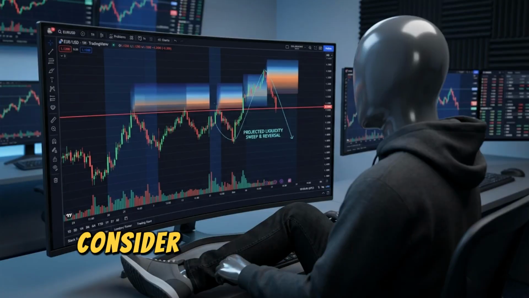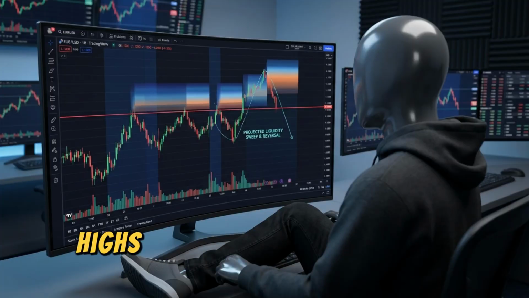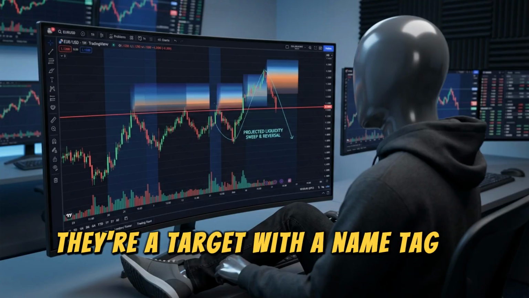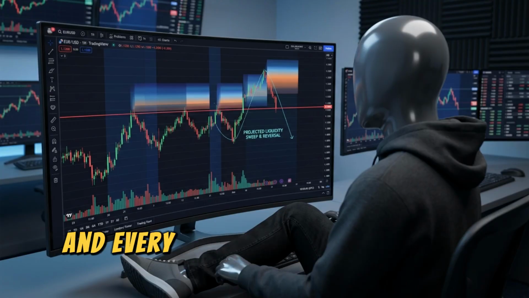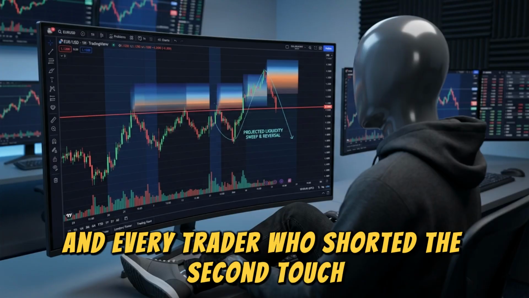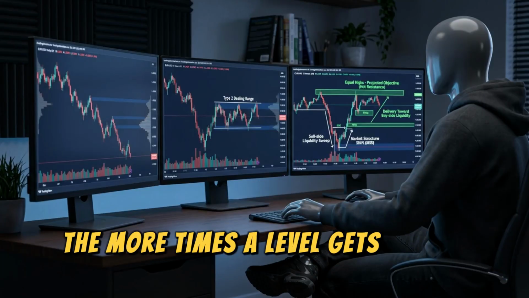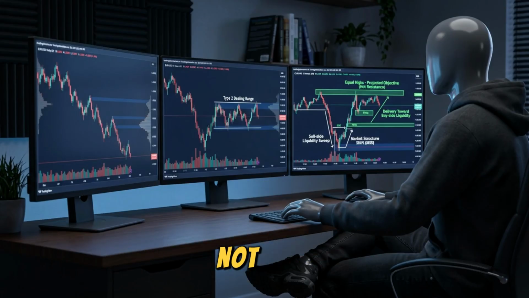Consider what a chart actually looks like from this angle. Two swing highs at nearly identical prices aren't a ceiling, they're a target with a name tag on it. Because every trader who shorted the first touch and every trader who shorted the second touch has a stop sitting just above that shared level. The more times a level gets tested and holds, the more attractive it becomes as a target, not less.